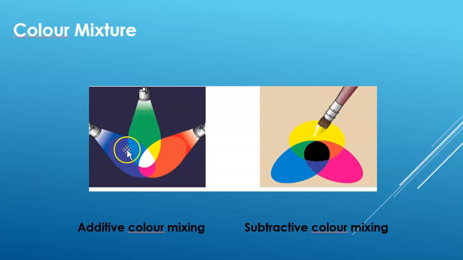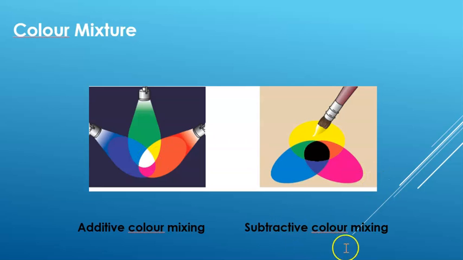But if you add just blue and green, then we get this in-between color. If this is a purple, violet light and a green light, you get a blue. If you add green and red, you get yellow. But if you add all three colors, then you get white. Because remember, with light, there's three colors of light: red, blue, and green. And together they make white.